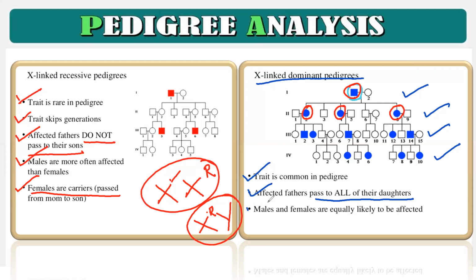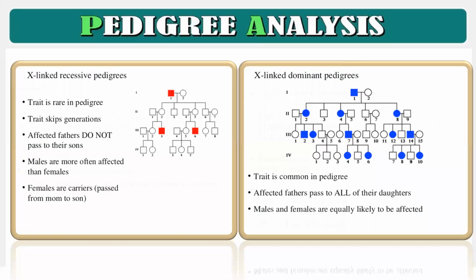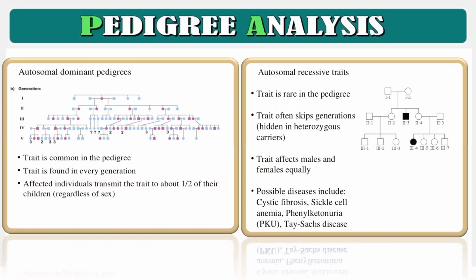Males and females are equally likely to be affected. It is not like in the recessive, where males were more often affected. In dominant, males and females are equally affected. Next are the autosomal dominant and autosomal recessive traits. How to identify the dominant and the recessive?